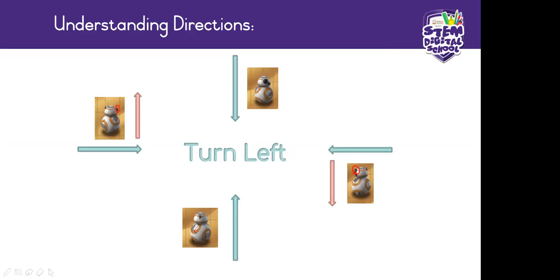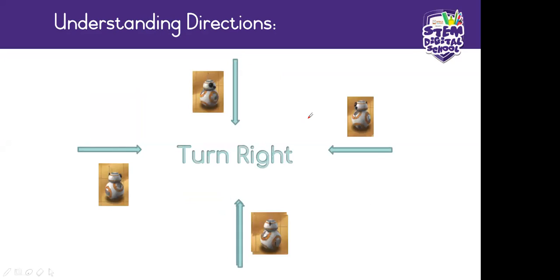Okay, if you look at this one, turn left is going to be this side, the same as your left side. And this is BB-8's eye. So if he is looking at you, turn left is going to be this side. Okay, now let's quickly look at turn right. Same thing. If he's looking this way, turn right will be down.